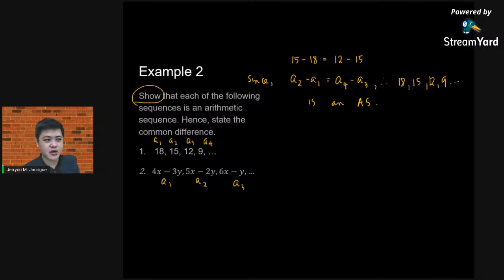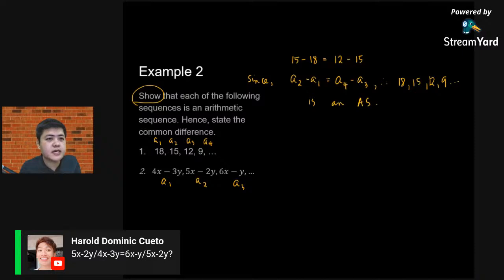Sige, what's the common difference? Sabi ni Harold, this is what we're going to do. Okay, sige, tuloy mo. Not over, but kasi naka-divide yung sa'yo eh. 5x minus 2y. Okay.